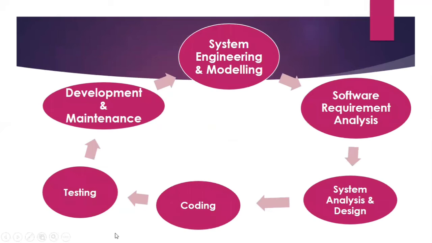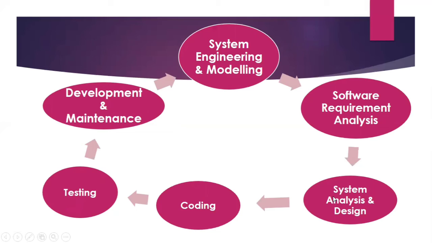First is system engineering and modeling, then comes requirement analysis, then comes design. We are talking about this phase right now. And let's say they have come to a conclusion to use SQL in this phase. Now during testing, they find a bug which has occurred due to the limitation of the SQL database. So now they are saying, no, let us go back and use the Oracle database.